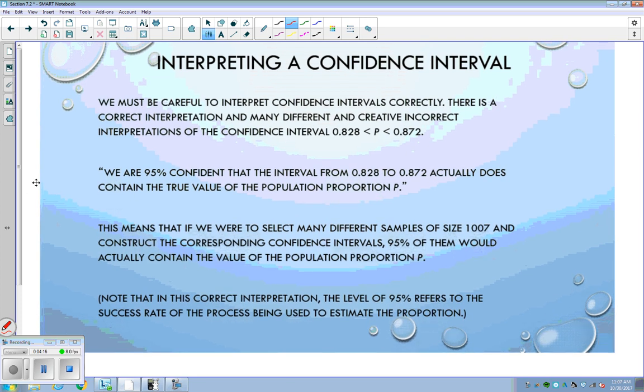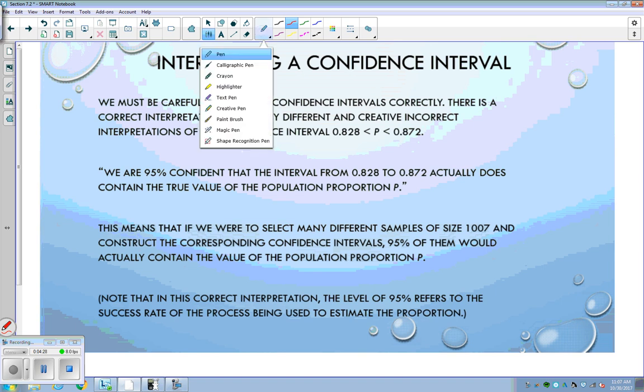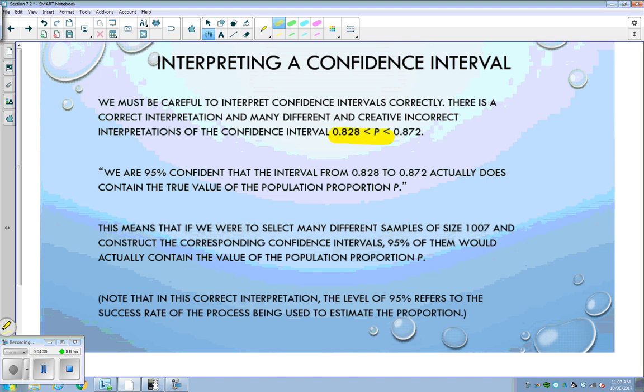So we must be careful of what a confidence interval actually means and be able to state it correctly. The confidence interval is stated this way: P, the population proportion, is between 0.828 and 0.872.